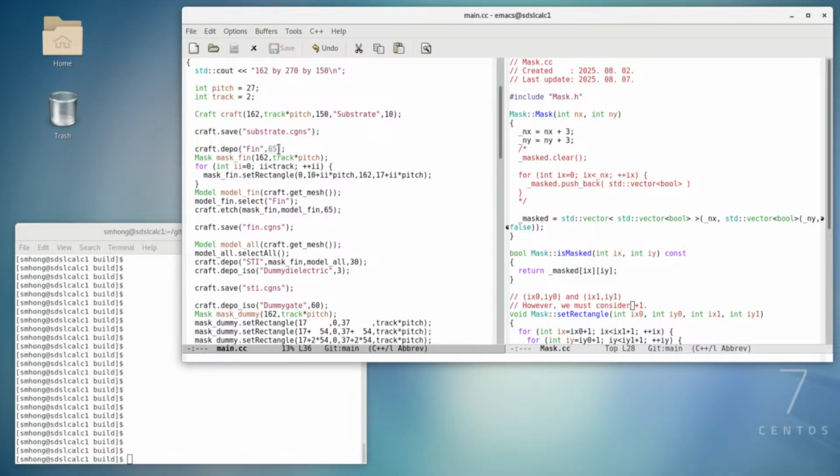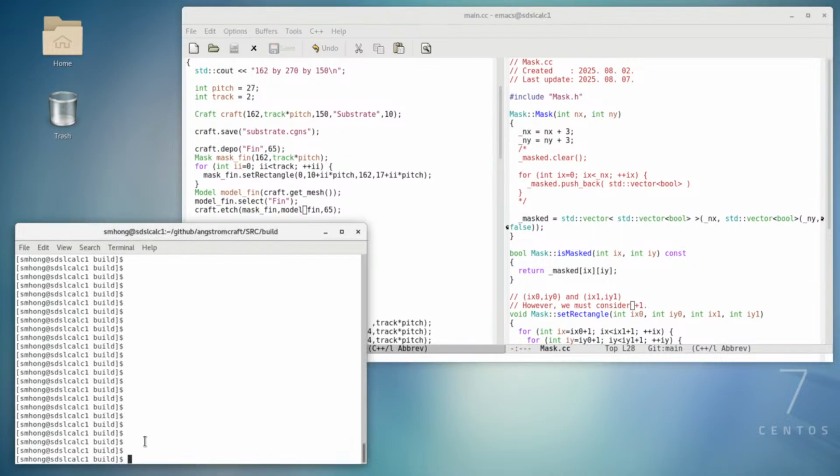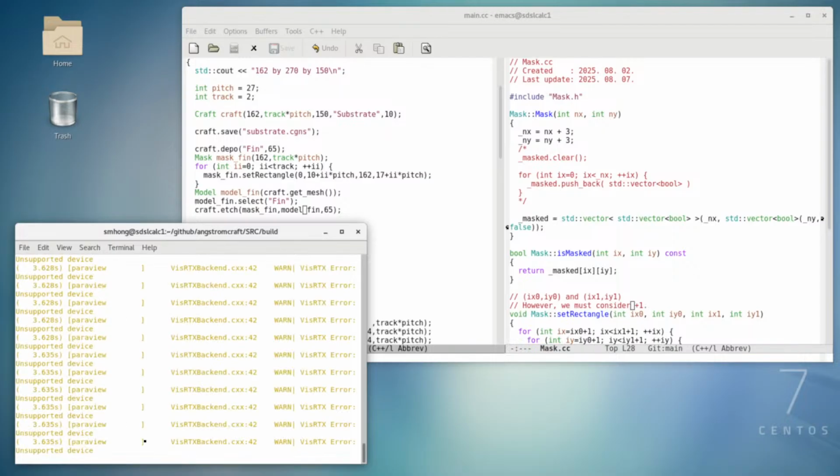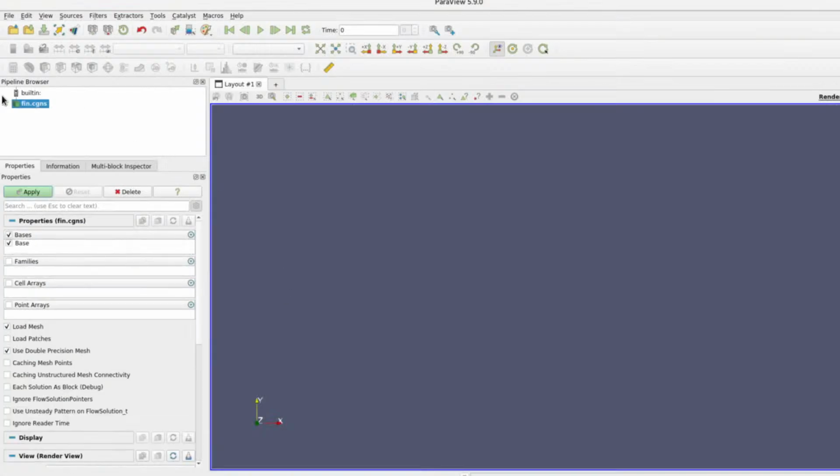After that, of course, shallow trench isolation (STI) will be added. But anyway, first let's have a look at this fin.cgns. It is the shape after the fin formation.